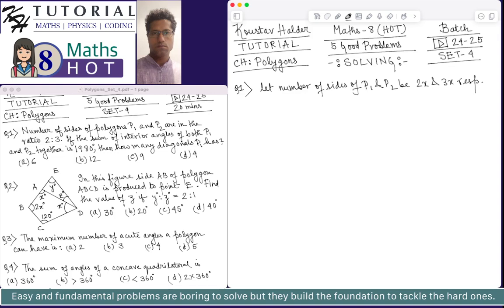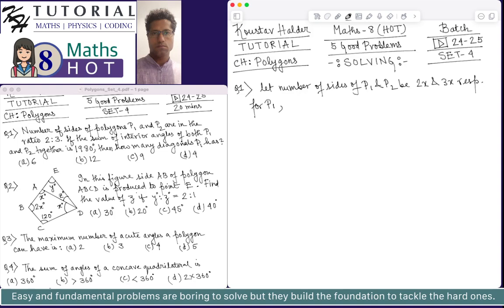Now, from the number of sides of a polygon, we can find the sum of the interior angles. We know that the sum of the interior angles of an n-sided polygon is 180 multiplied by n minus 2.